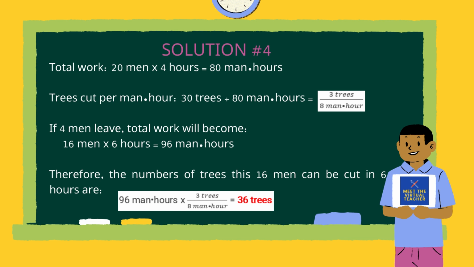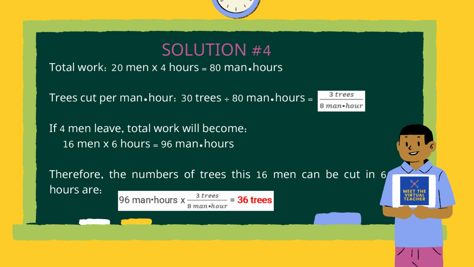If 4 men leave, the total work will become 16 men times 6 hours, which is equal to 96 man hours. This is the new amount of work after 4 men leave.